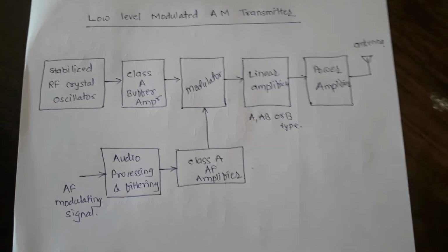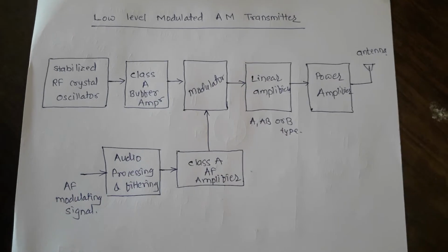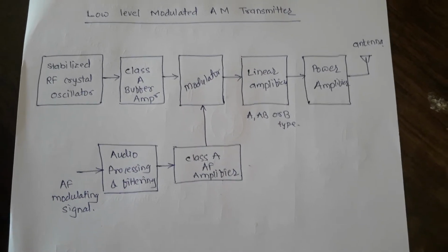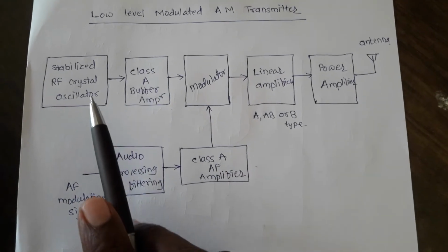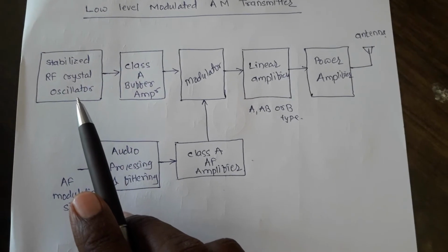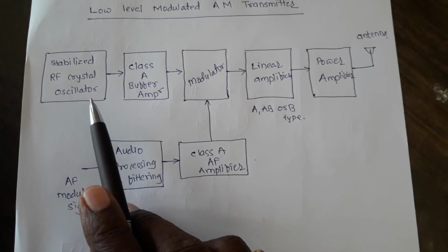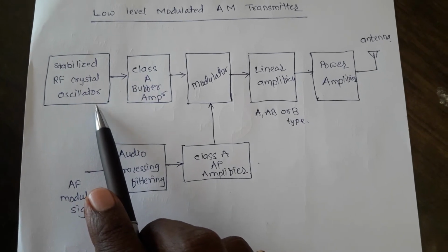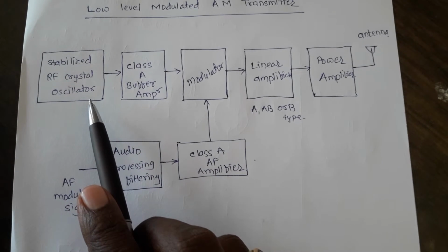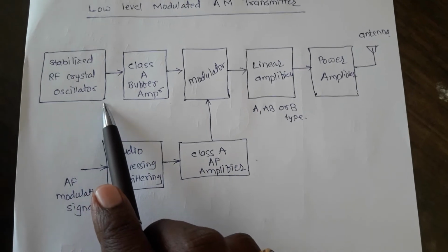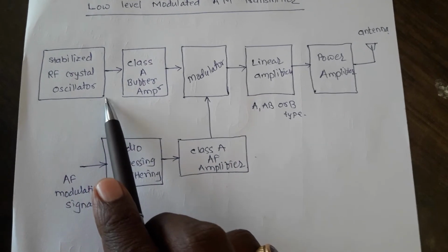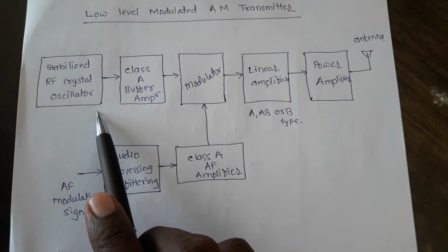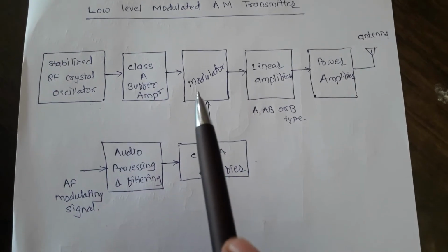Step by step we will discuss each and every block of the low level modulation AM transmitter. The first block is called the stabilized RF crystal oscillator. It is used to generate a carrier frequency, which is very much needed for your modulation process.